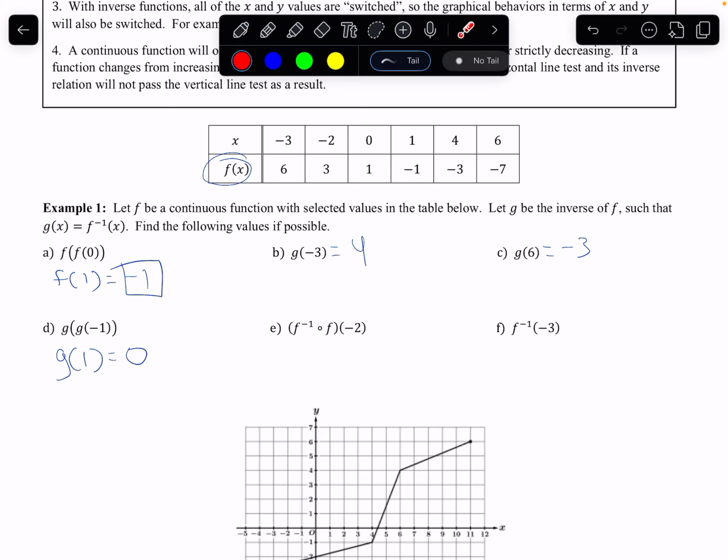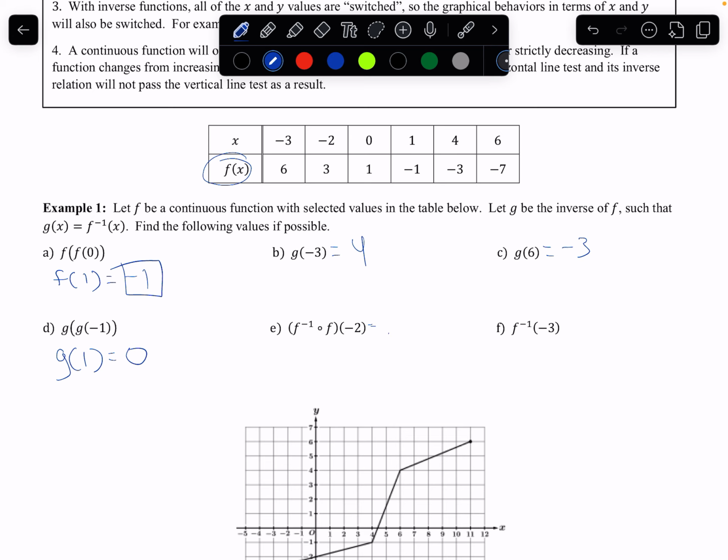Let's go ahead and look at this one. This one says the inverse of f of negative 2. This symbol we talked about a few weeks ago is just another way of writing this. Let me go ahead and write the equivalent form.